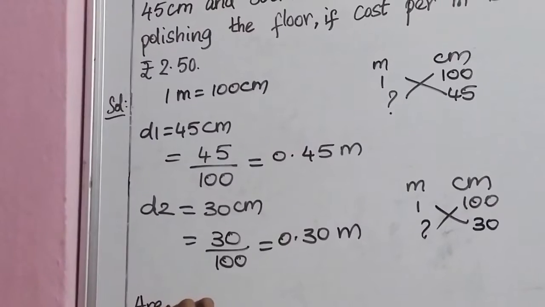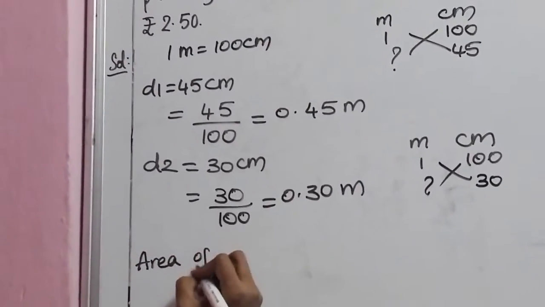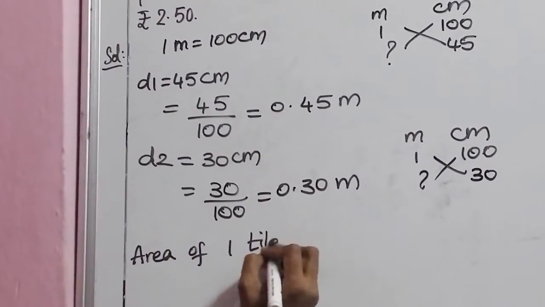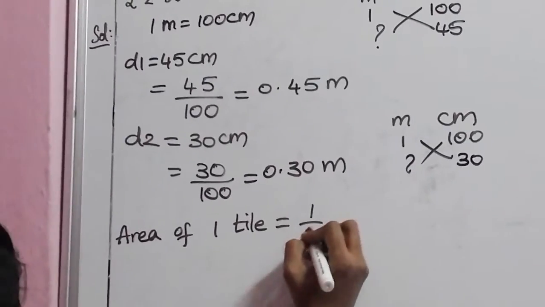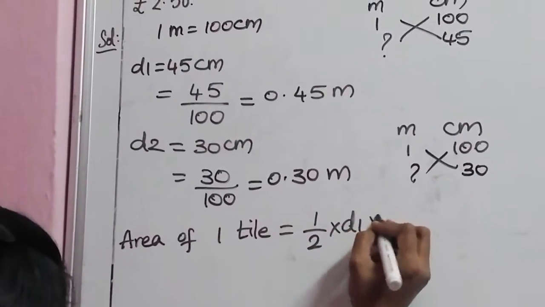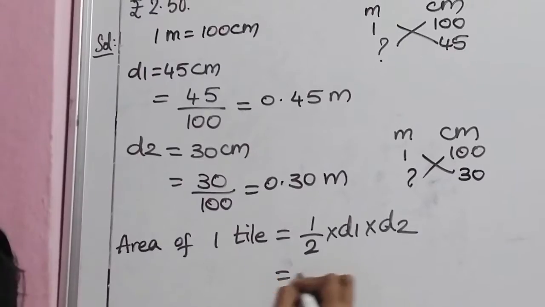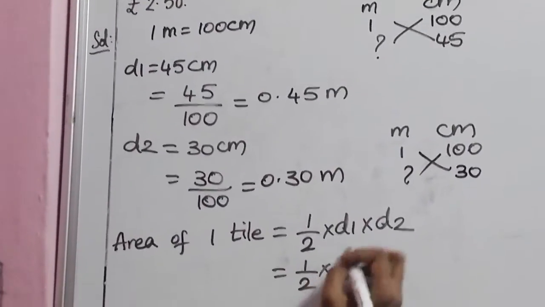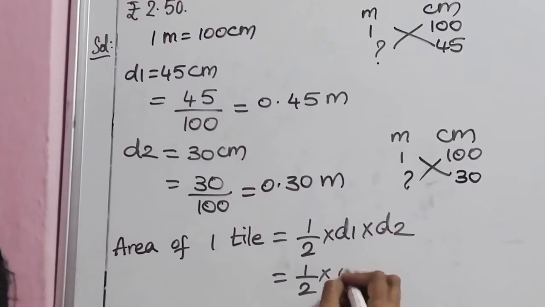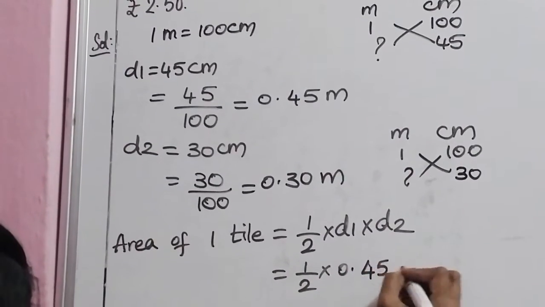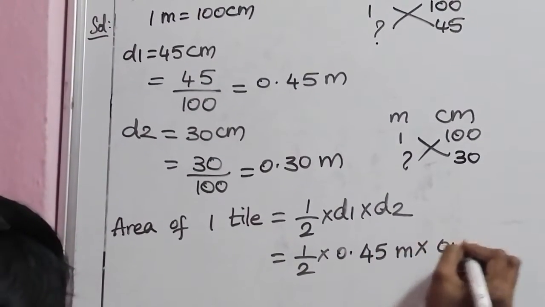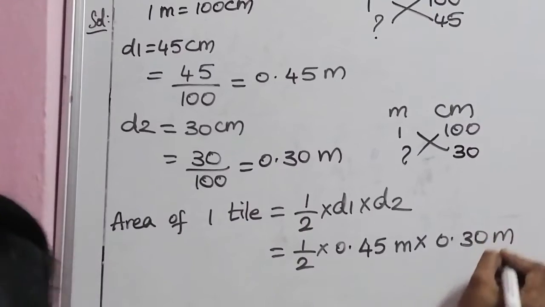Area of one tile is equal to half into D1 into D2. Half into D1 into D2. You got the value as 0.45 meters into 0.30 meters.